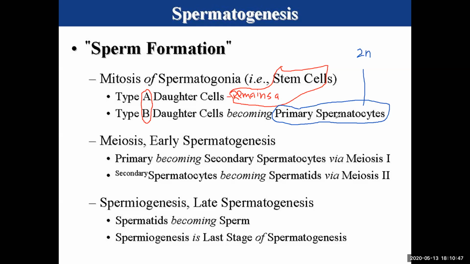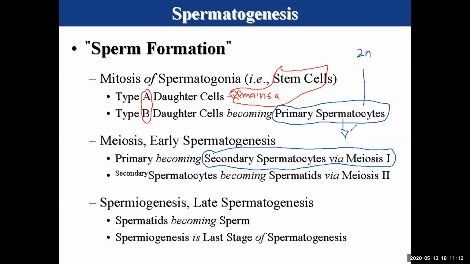And this primary spermatocyte starts a differentiation, and it will become secondary spermatocyte. Okay?